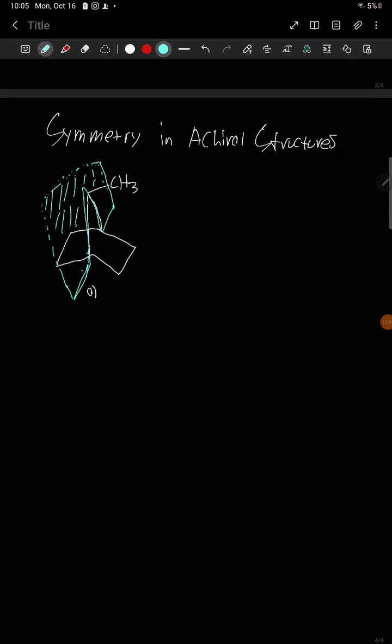This is our plane of symmetry. It's coming down. And remember this carbon? That carbon, hydrogen over here, hydrogen over here, hydrogen over there. There's a plane of symmetry that splits these two, so it is achiral.